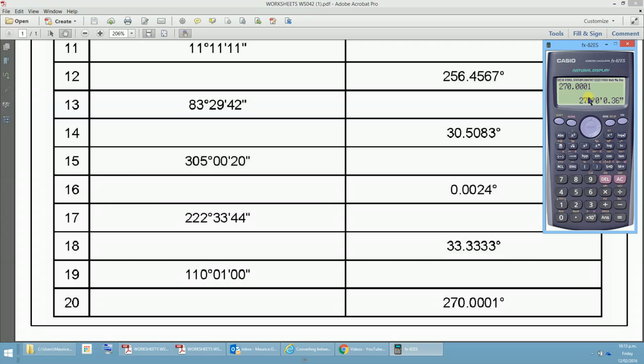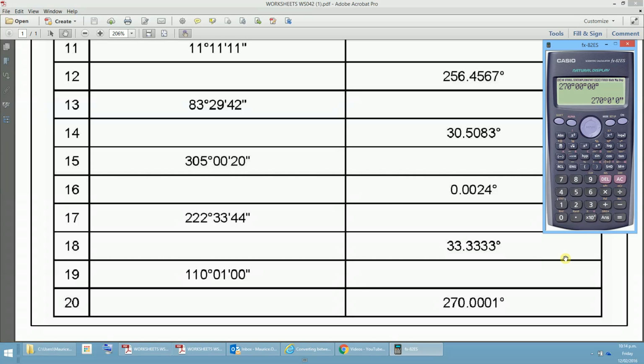So obviously if we were to put in 270 degrees, 0 minutes, 0 seconds, it would come out like so.